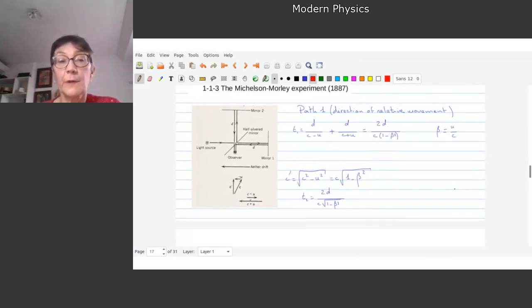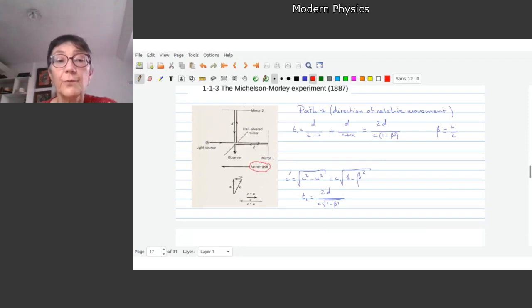So you have the experiment. Are you seeing the Michelson interferometer here? Yes. So you have this path, which is perpendicular to this one, and it is aligned. This one, path 1, mirror 1, mirror 2. Path 1 is aligned with the ether.